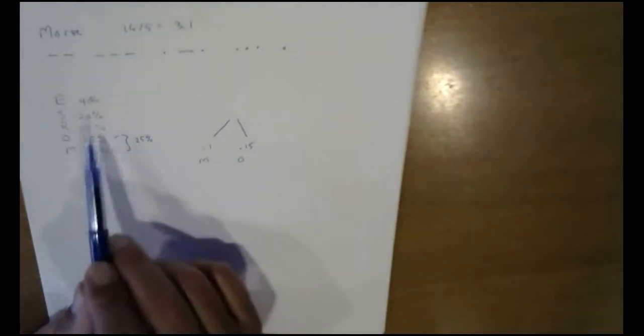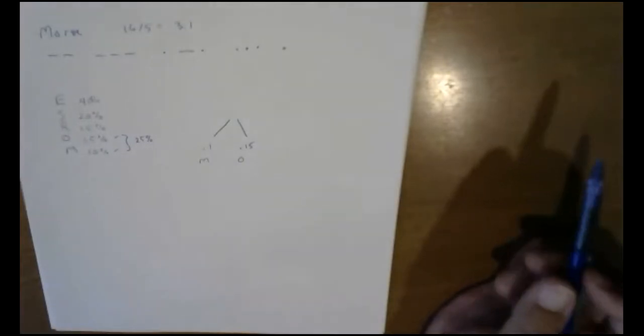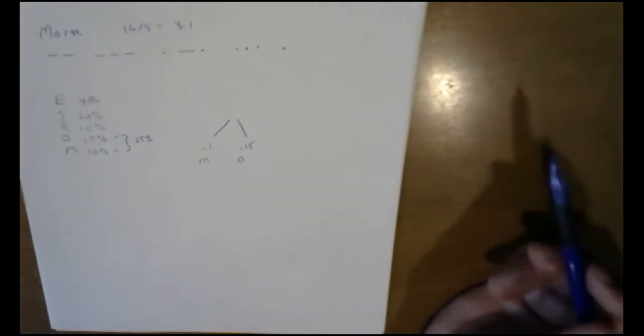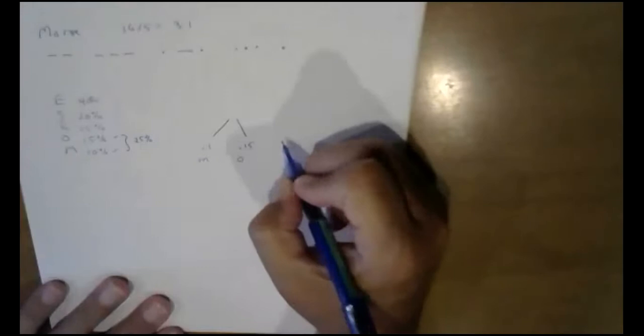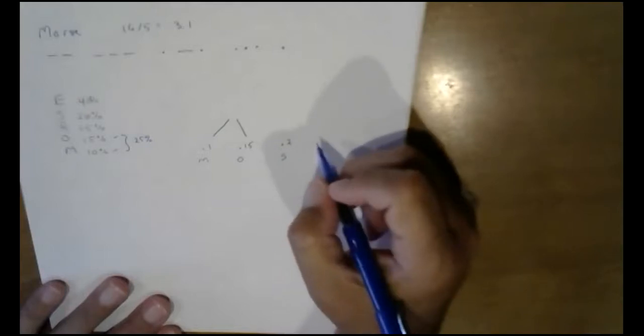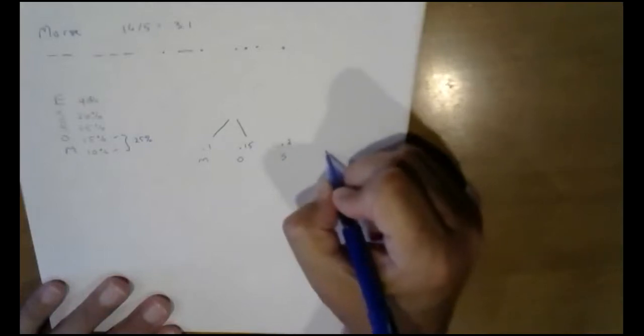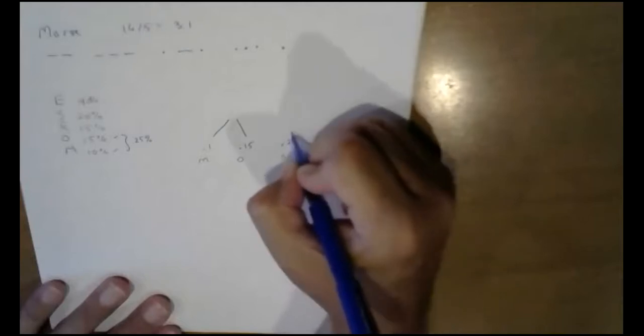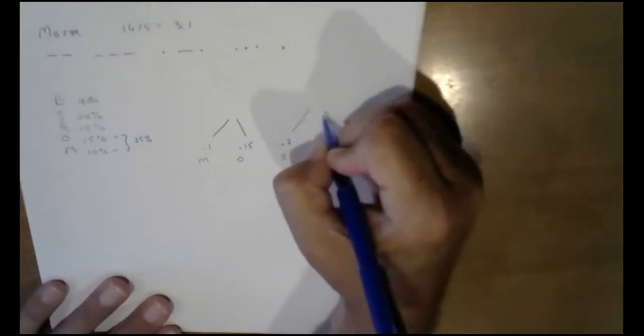All right, so now when I look at my list, what are my next two smallest? Well, here's a 25. Yeah, the S and the R. So over here, I'm going to put the S, which is 0.2, and the R, which is 0.15. And I'm going to combine the two of those.